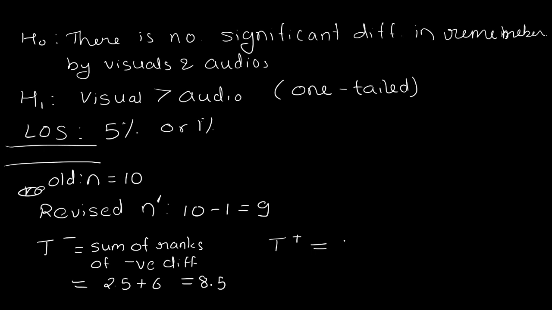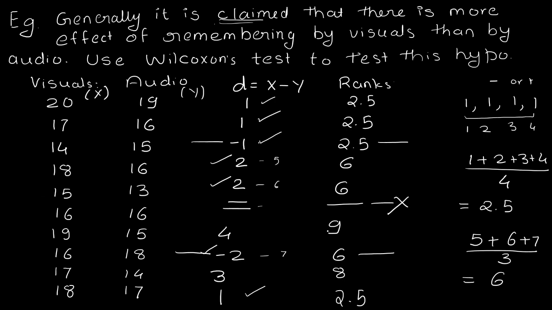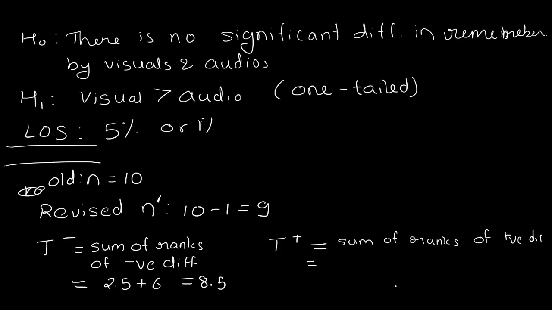Now you know what T plus will be. T plus is the sum of ranks of positive differences. So all the rest: 2.5 plus 2.5 plus 6 plus 6 plus 9 plus 8 plus 2.5, and this value comes out to be 36.5.